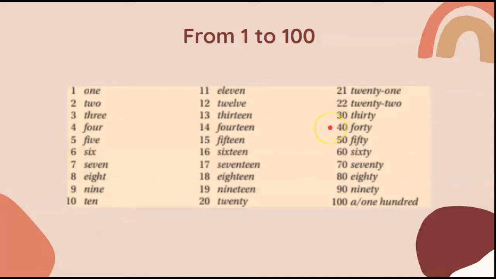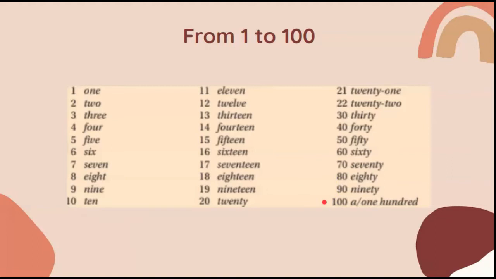Then we go to 31, 32, etc. 40, 41, 42, then 50, 60, 70, 80, 90, and after 99, we go to 100 or one hundred, you can also say.